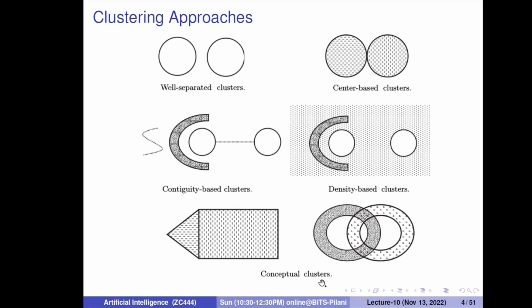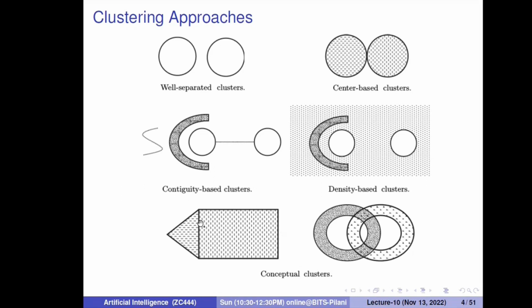A very interesting idea is conceptual clustering. Let's assume that this is the data I have and I have some concepts. For example, one concept is triangle, another concept is rectangle. So you fit this rectangle over here, and you say that these items are in one cluster and these are the triangle kind of items, so this is another cluster.